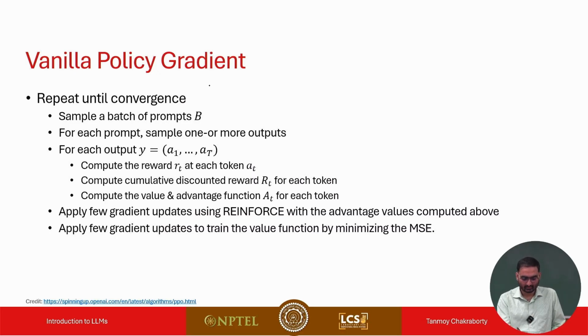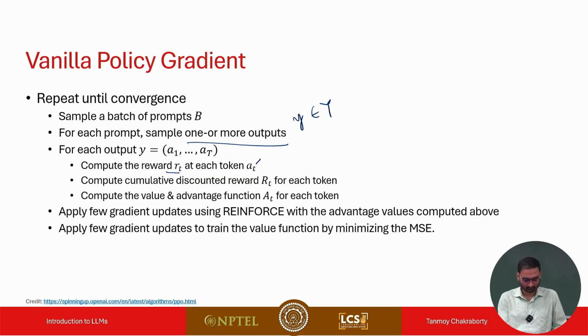We first sample a batch of prompts B. Now given a prompt, you sample outputs y. For each y, which is essentially a1, a2, up to at, you calculate the reward rt for every token at.